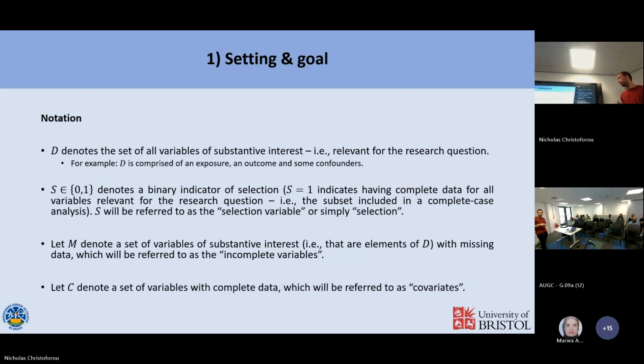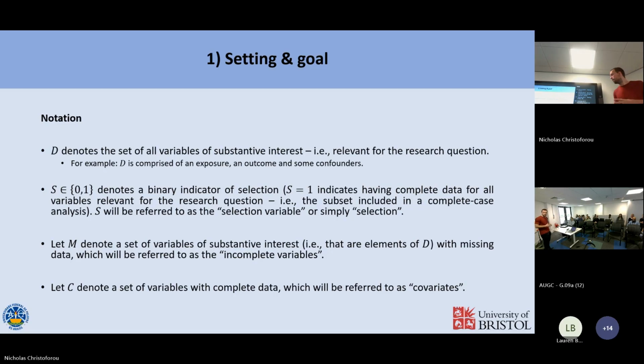You're also going to have another set of covariates that I'm calling C, for complete variables. That is, variables that I have data for both when S equals 1 and S equals 0. I can have one or more elements of D in C. That is, some of my variables of substantive interest could be complete.